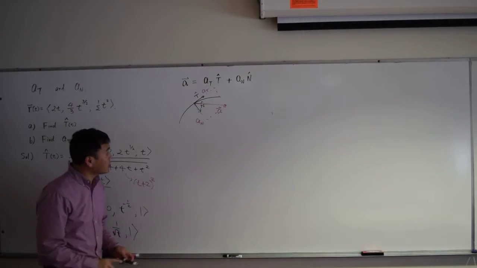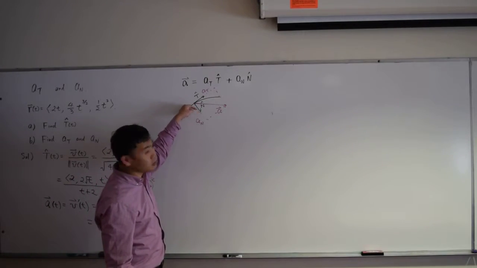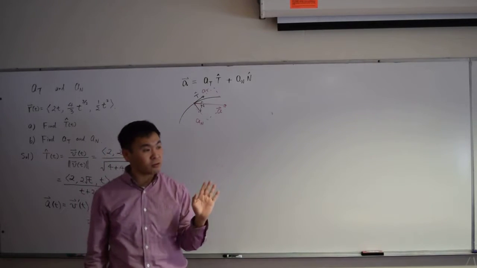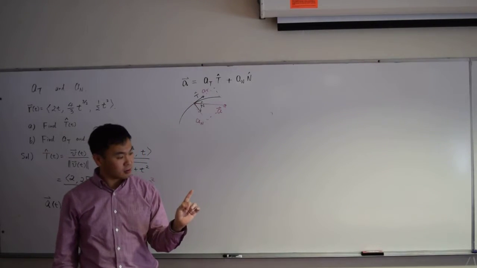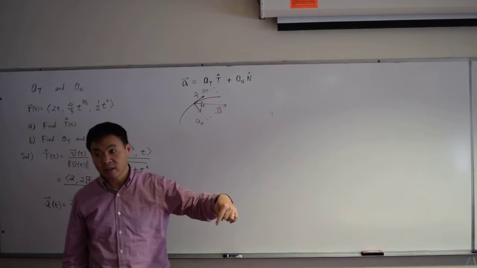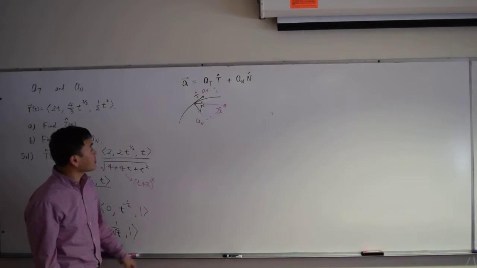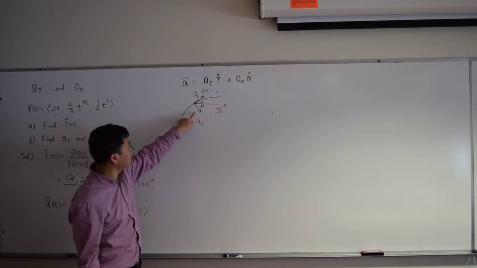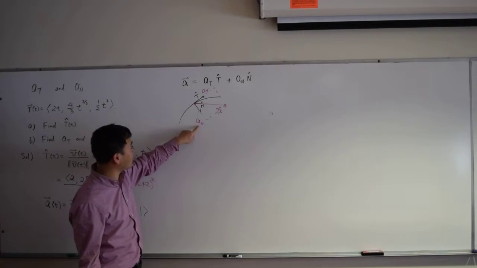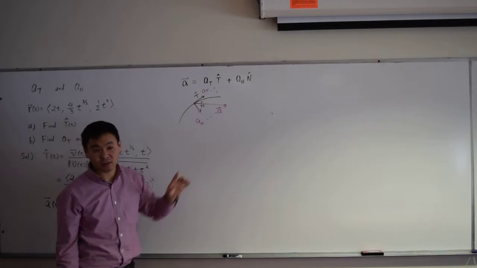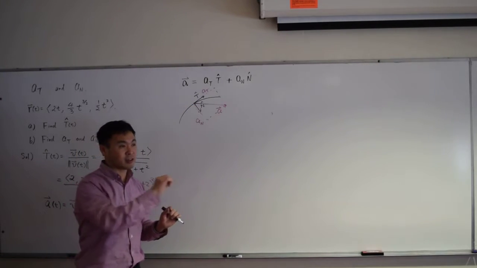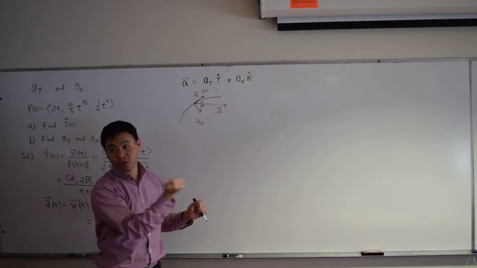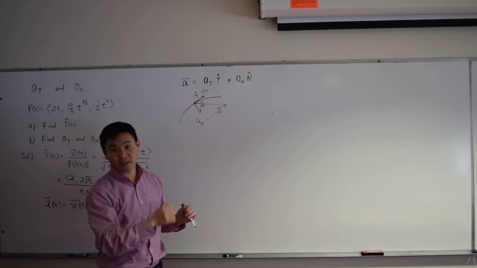Now, because the principal unit normal vector always points to the way that the curve is bending, it's always in the direction where you have the force acting. So if you have something moving and it's bending this way, that means there's a force pulling it to this side, right?